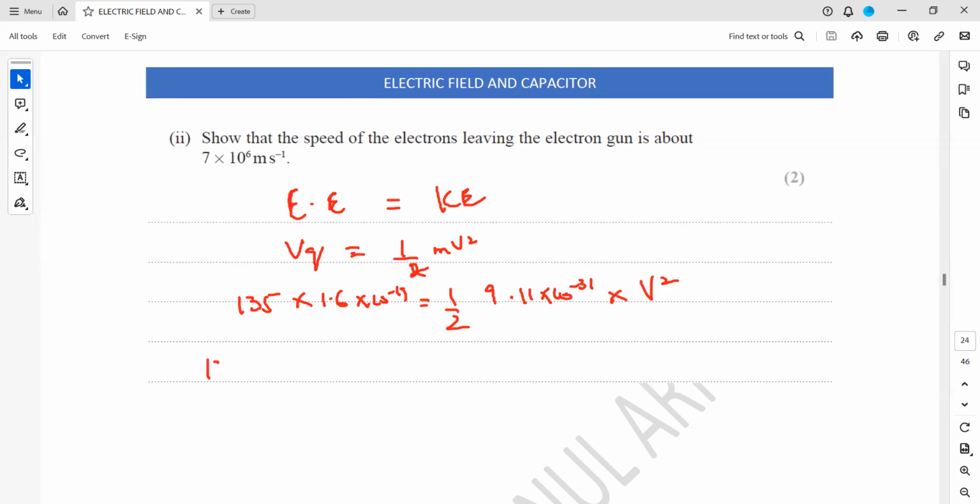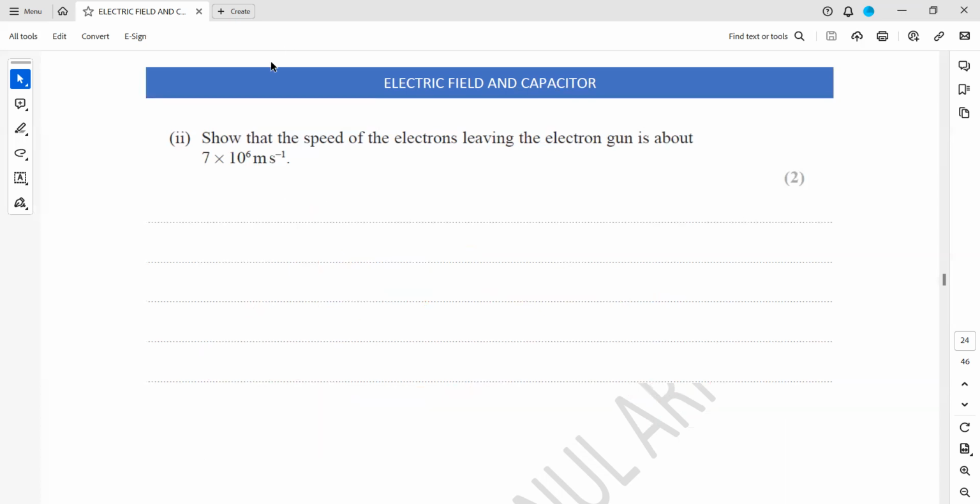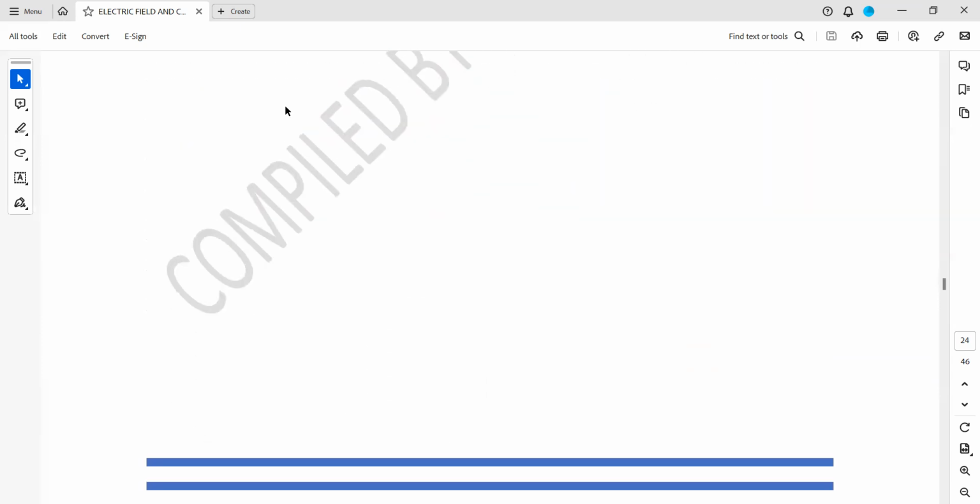Then we simplify: 135 multiplied by 1.6 × 10^-19 times 2, divided by 9.11 × 10^-31. This is v squared, so we take the root to get v, which is about 6.89 × 10^6 meters per second, about 7 × 10^6 meters per second. So whenever an electric field is used to accelerate the electron, the electrical energy equals the kinetic energy.